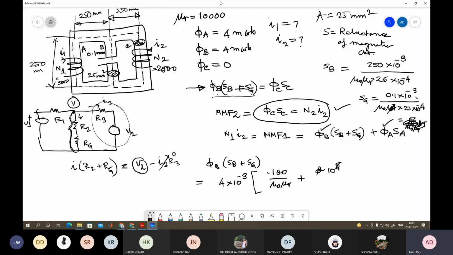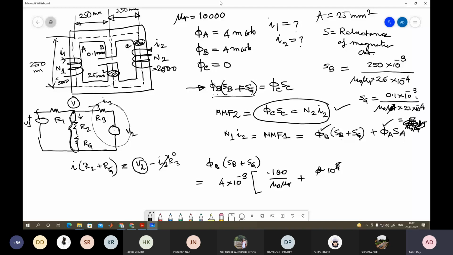So it is 40, isn't it? So it will come as 140. Ultimately, if you solve this, it will turn out to be 56 divided by mu 0 mu r, and that will be the requirement for the MMF2, which is your N2 I2.